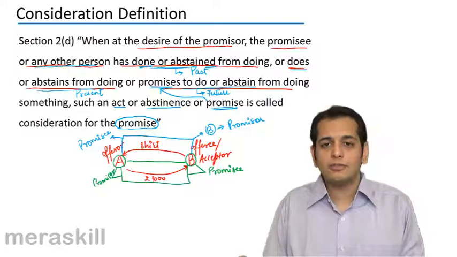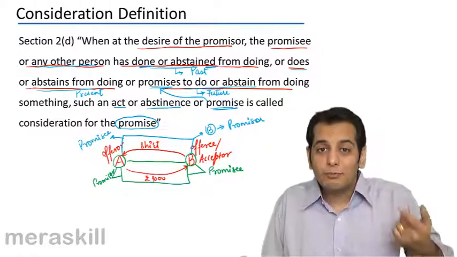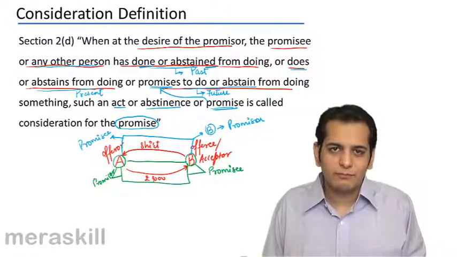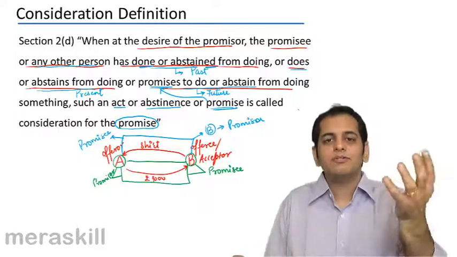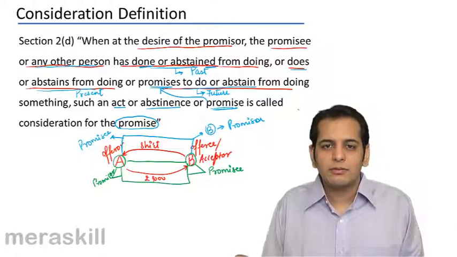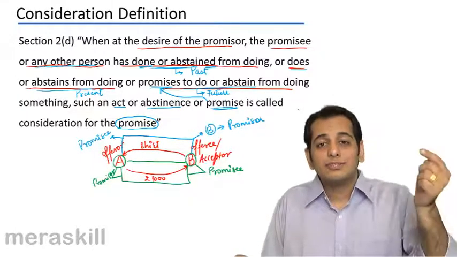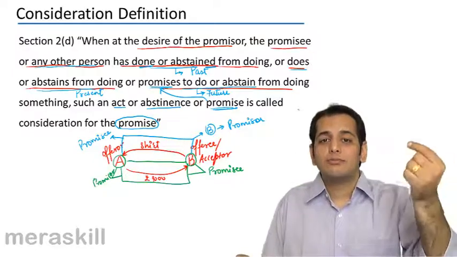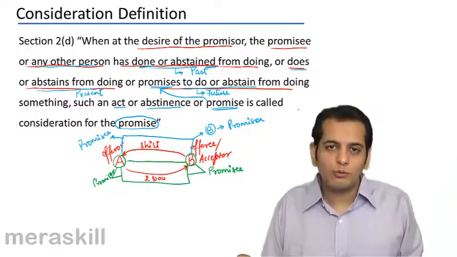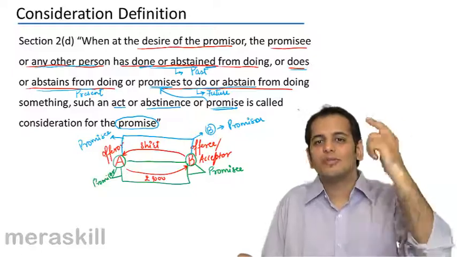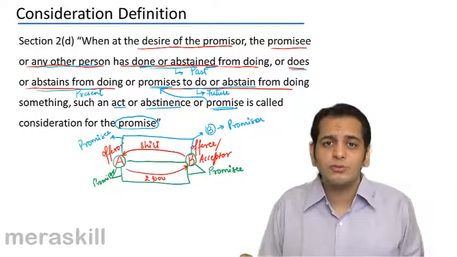Now this promise is his promise, is A's promise. What is consideration for him? Shirt is consideration for him. But shirt is consideration for his promise. And what was his promise? His promise was giving or paying 1000 rupees.